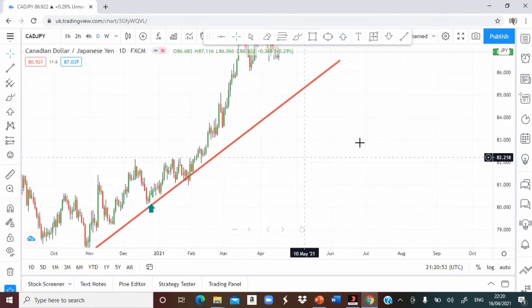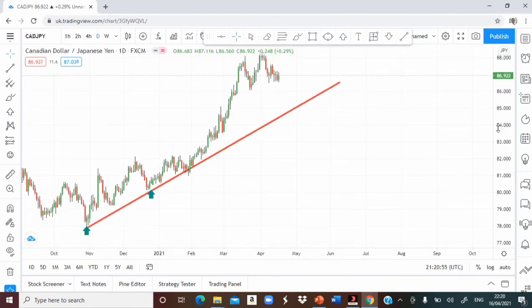Right? Now, when are you going to trade? You are going to trade from here. This is your entry. You are not entering your market from up there. You don't just want to enter because price comes and touches your trend line.